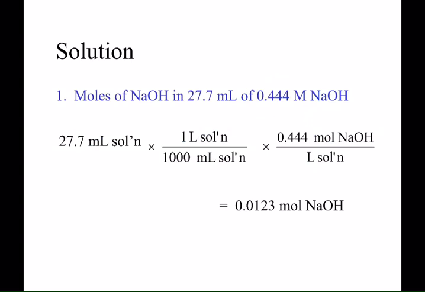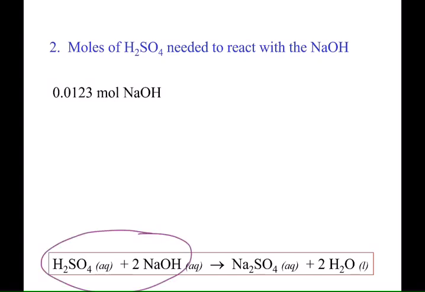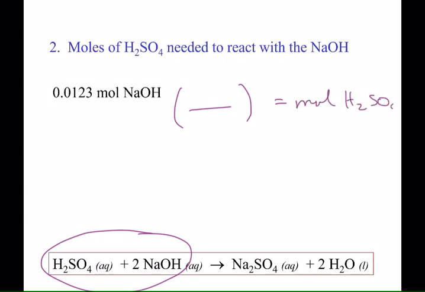Excellent. So now we're on our way to the second step, to go from moles of NaOH to moles of H2SO4. The first term is going to be those moles of NaOH that we got. Now tell me how I can use this information from the balanced equation to have a stoichiometric ratio so I can get from moles of NaOH to moles of H2SO4. What does that look like?